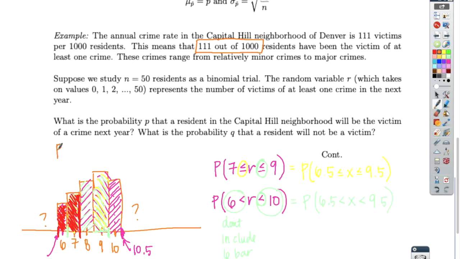So the probability of a resident being the victim of a crime is 111 over 1,000, which comes out to 0.111 as a decimal. And then the probability q that a resident will not be a victim is just 1 minus that value we got for p, so 0.889. Okay, so there's our p and q, and let's continue this on the next page.